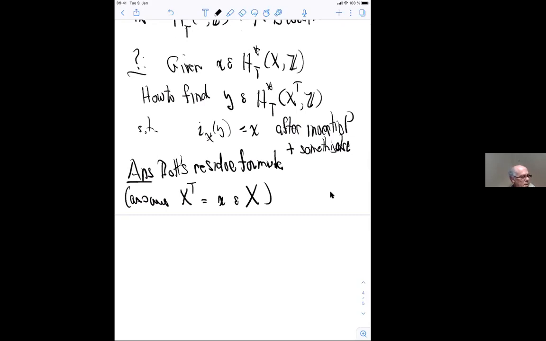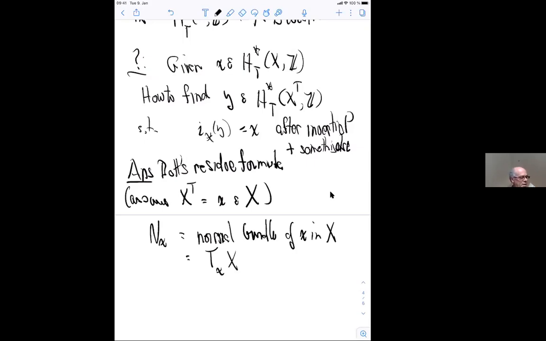Okay, so then you have the normal bundle. You have N_x, the normal bundle of x in X. In general it would be the normal bundle, but the normal bundle is just equal to the tangent bundle at x.